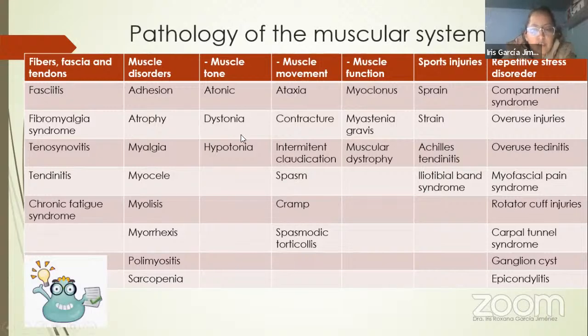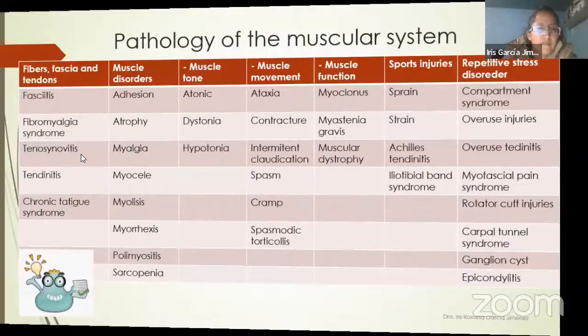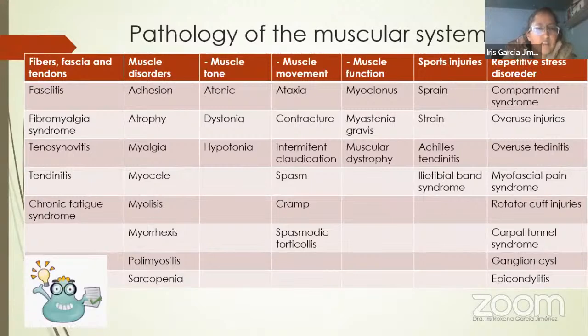Please read them and we can talk about the meaning tomorrow. Spasm, cramp, for example, in Spanish, the meaning could be confusing and we can talk about it. Fibromyalgia, for example, fasciitis, for example, tendinitis, going ahead. The atrophy, PH is pronounced like an F, we all know about this.